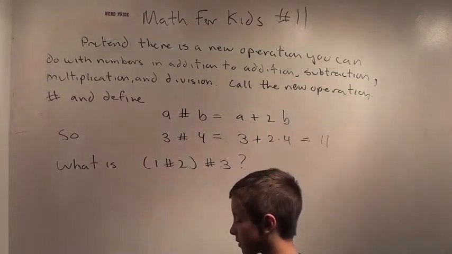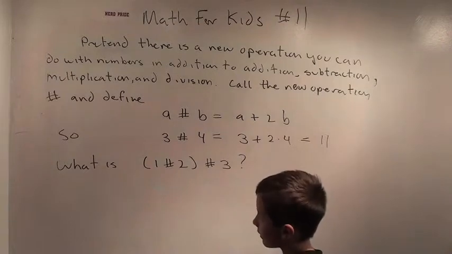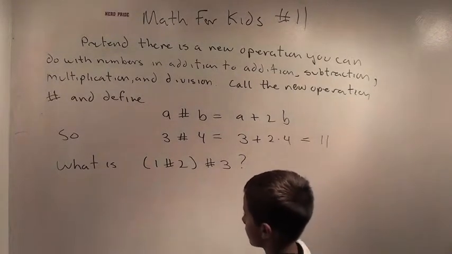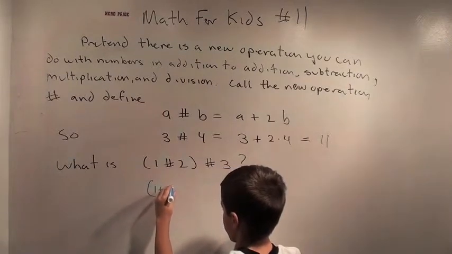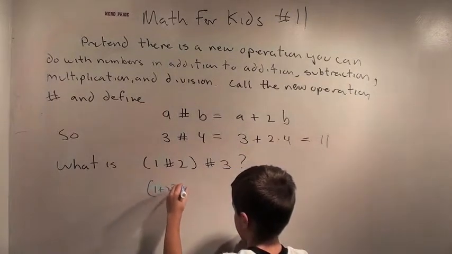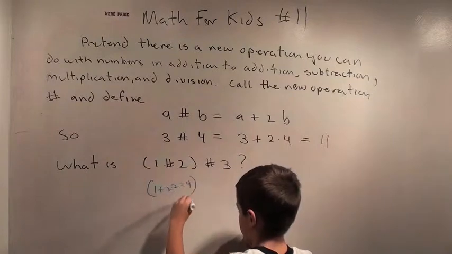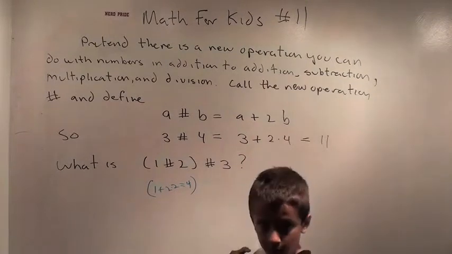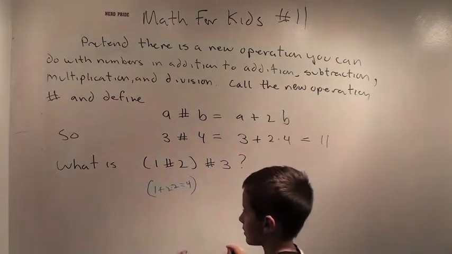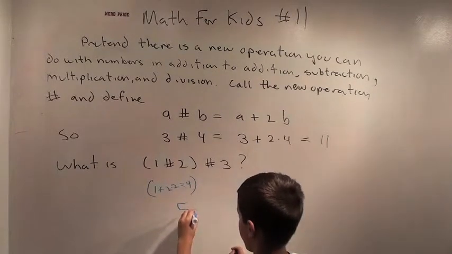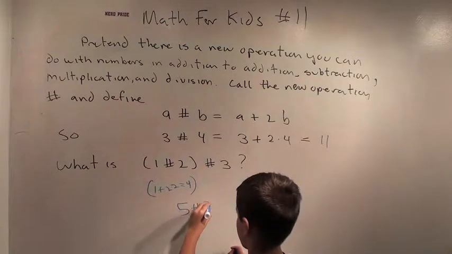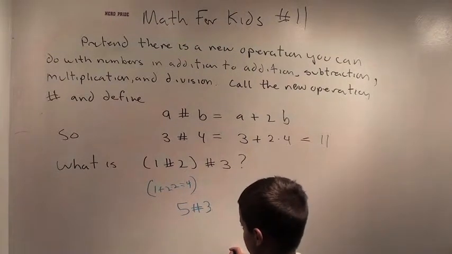So 1 checkmate 2 is 1 plus 2 times 2, which equals 4, and so this is the same as 1 plus 4, which is 5. Now I have to do 5 checkmate 3.